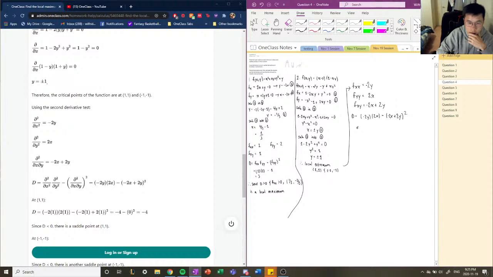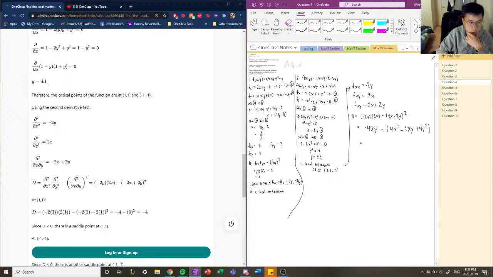Okay, so that equals negative 4xy minus, let's expand this out, 4x squared minus 4xy, and this should equal plus 4y squared. Yes. Okay.